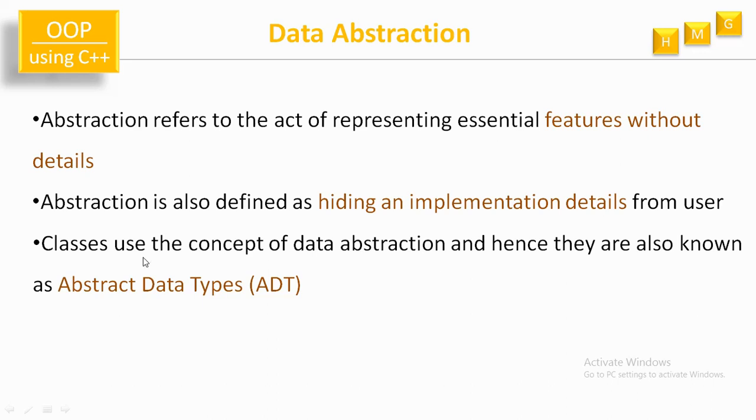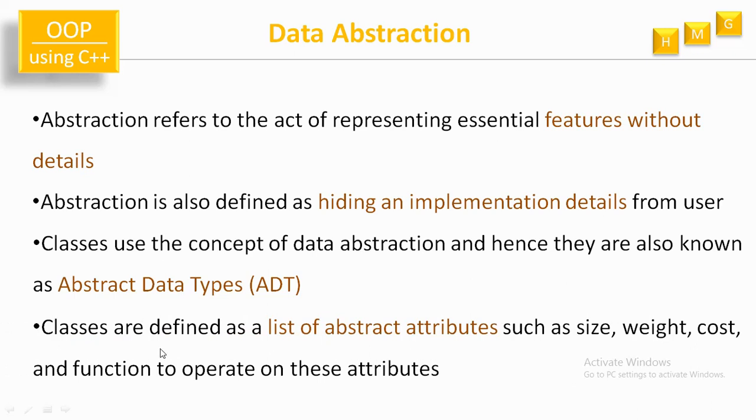Thus classes use the concept of data abstraction, and hence they are also known as abstract data types, that is ADT. So classes are abstract data types because they follow data abstraction.